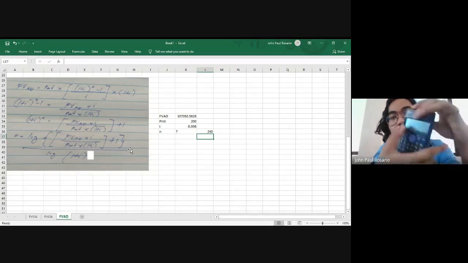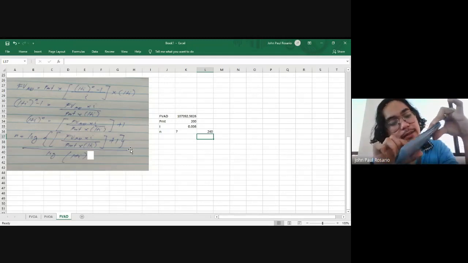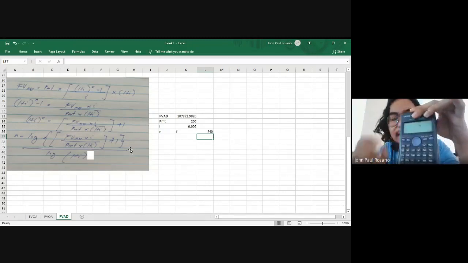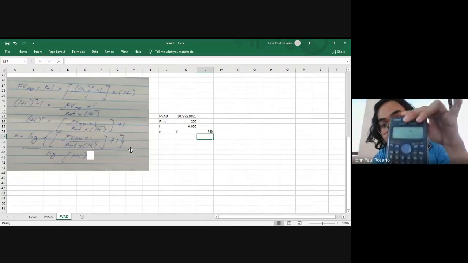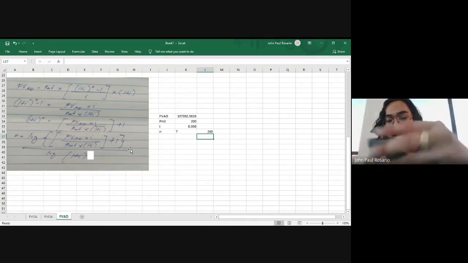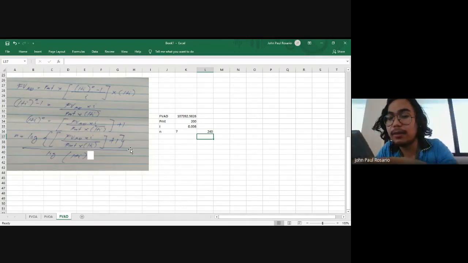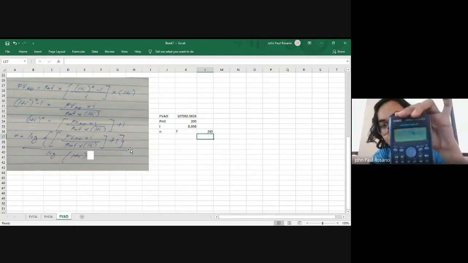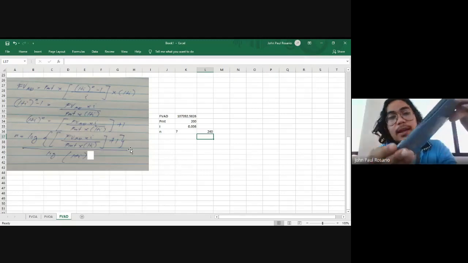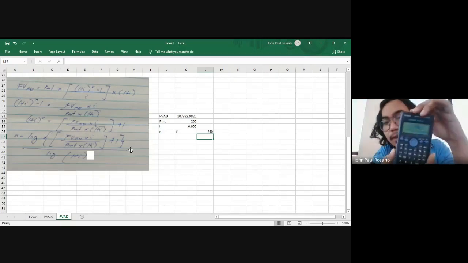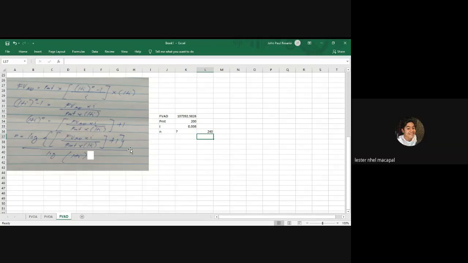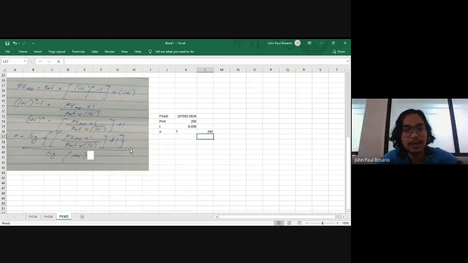To recall, press alpha A, then equals, meaning it was stored successfully. Then what remains on your calculator is log of alpha A over log of 1 plus 0.072 over 12. If you press equals, you will still get the same 240. Did you follow?